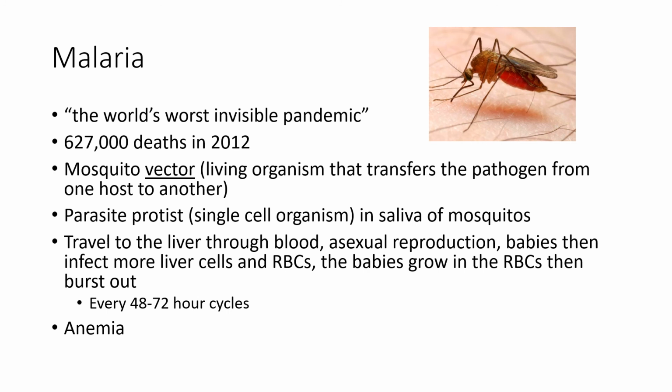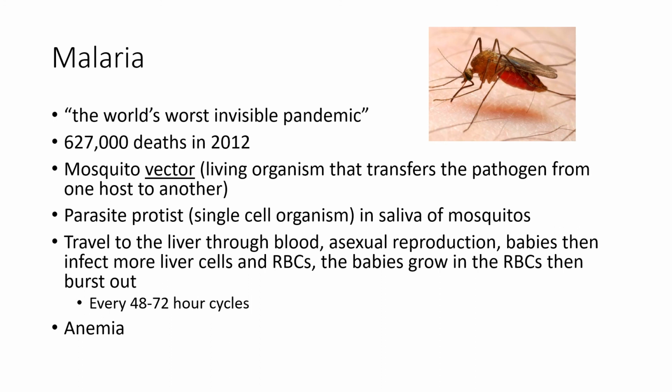From there, the offspring grow inside the red blood cells and then burst out, causing an immune response. From that immune response, the offspring of the original parasite then find more red blood cells to hide inside, reproduce, and burst out again.